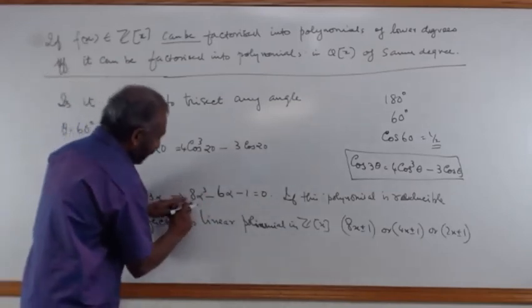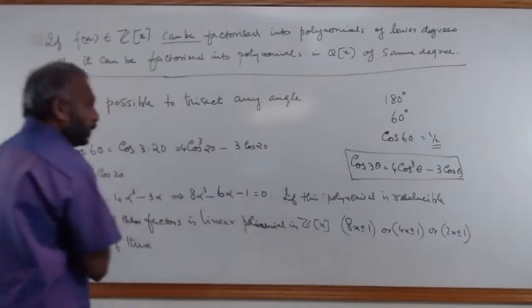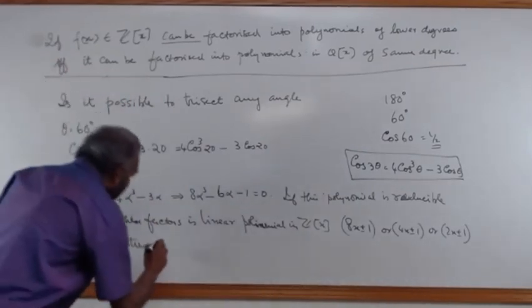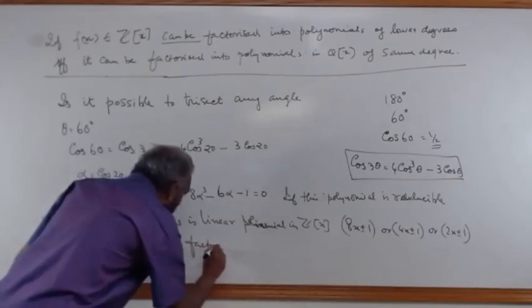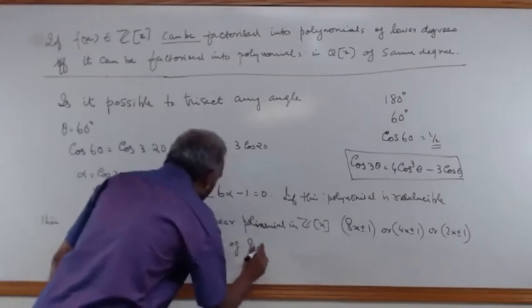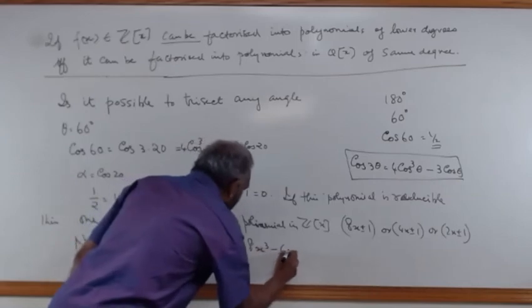What you can do is divide this one by each of these and see whether you can find that as a factor. None of these are factors of 8x cube minus 6x minus 1.